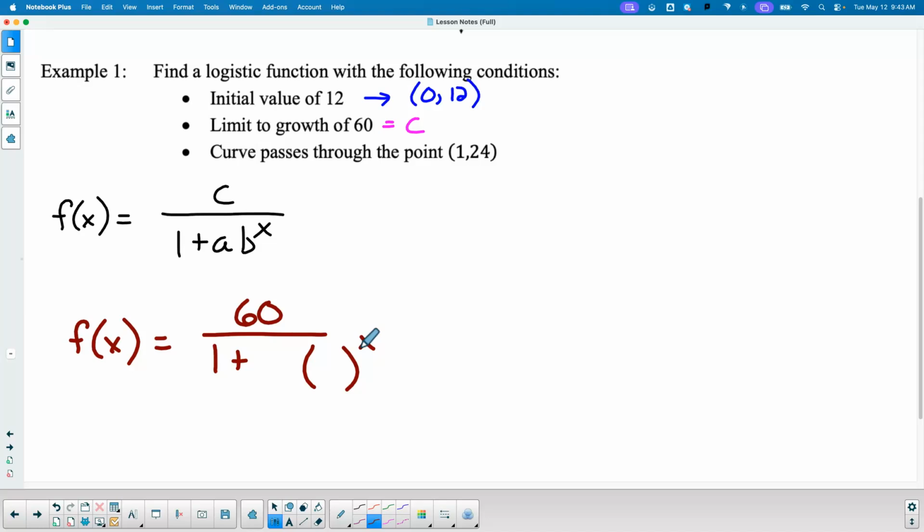Well, we know we go through the point 0, 12, so let's figure out f of x is 12, c is now 60, 1 plus a b to the 0 power. What's b to the 0 power again? 1. So this is really just 12 equals 60 over 1 plus a. I need to solve that for a.